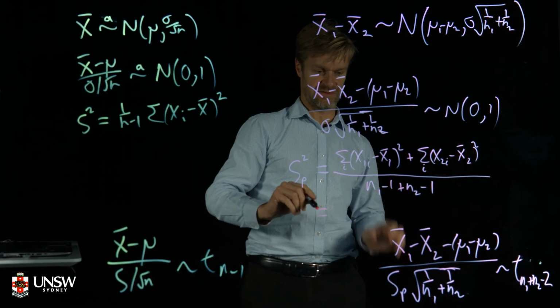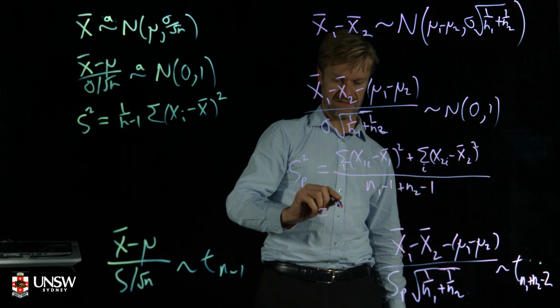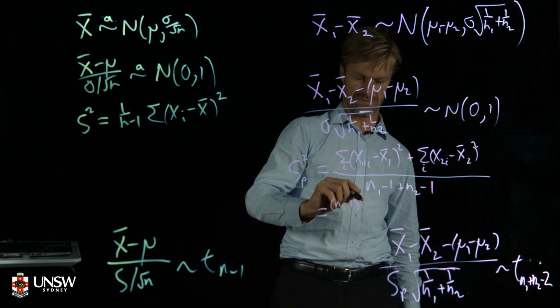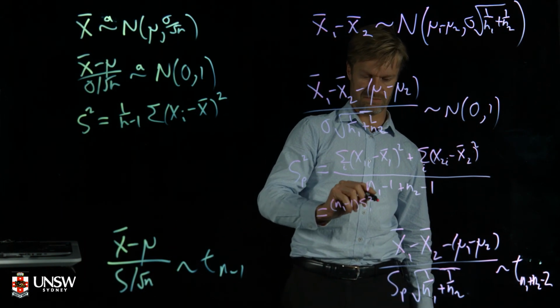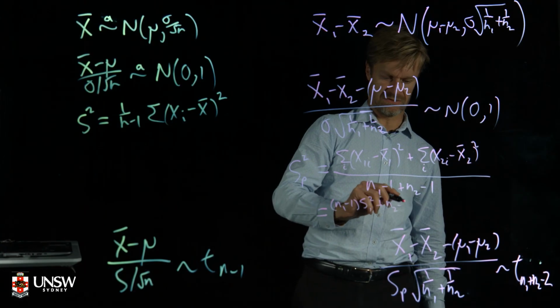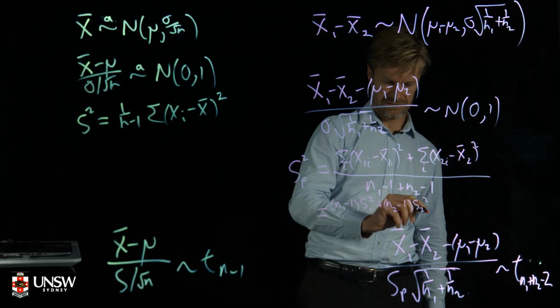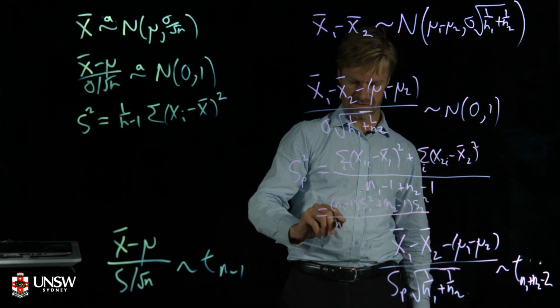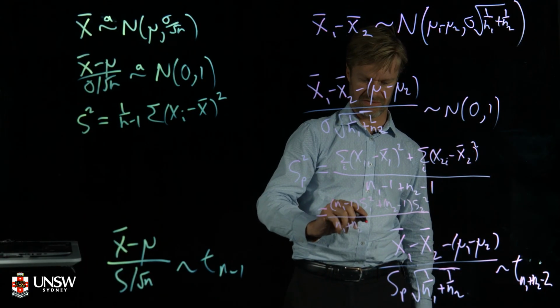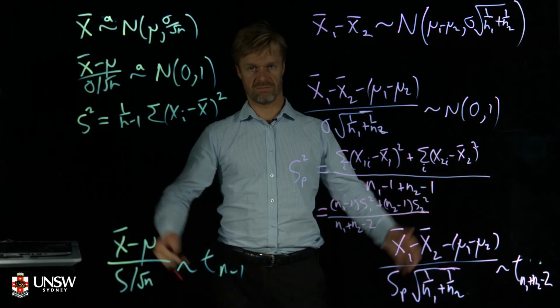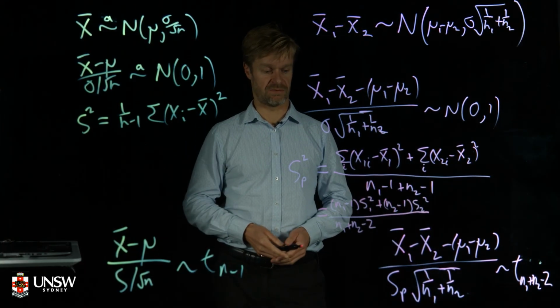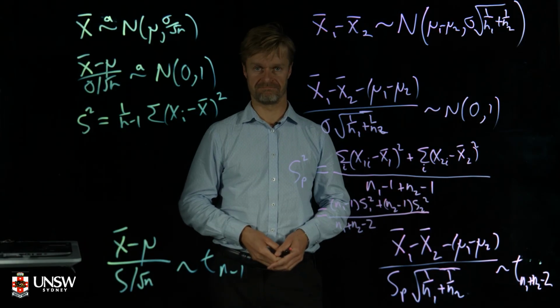You can simplify this expression, write it as n1 minus 1 s1 squared plus n2 minus 1 s2 squared over n1 plus n2 minus 2. And that's pretty much all there is to say about where this formula here comes from.